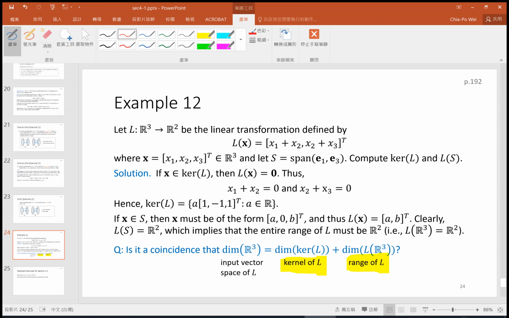Here, the dimension of R3 is 3, the dimension of the kernel of L is 1, and the dimension of the range of L is 2, because L of R3 equals R2, and the dimension of R2 is 2. Is it a coincidence that this equality holds? No, this is not a coincidence. Actually, this is the well-known Rank-Nullity Theorem.